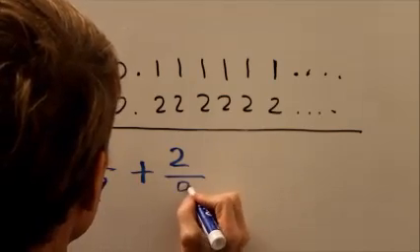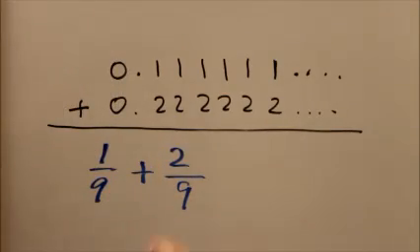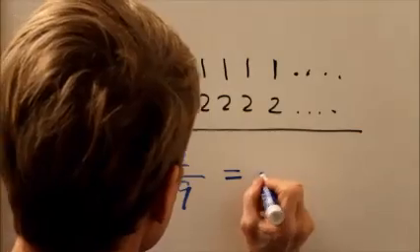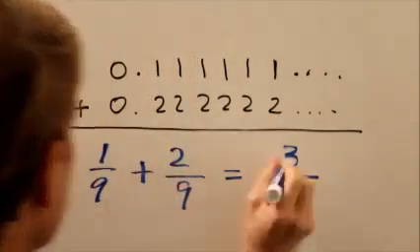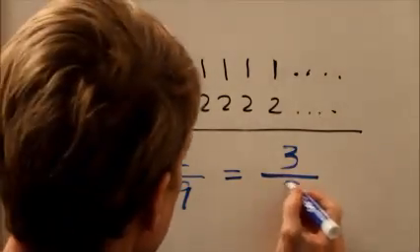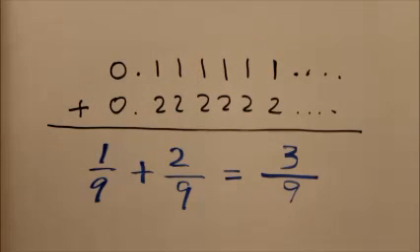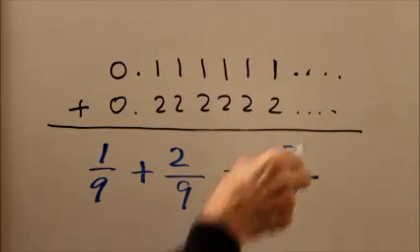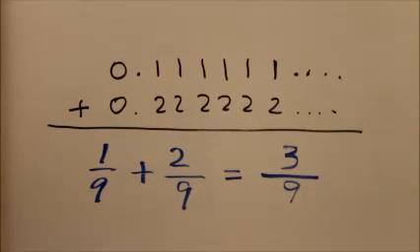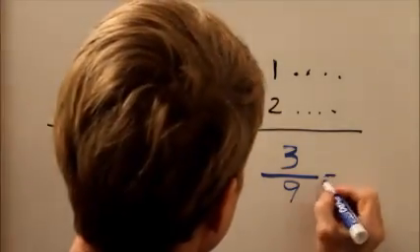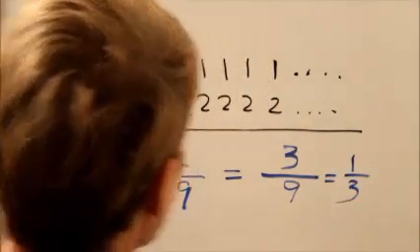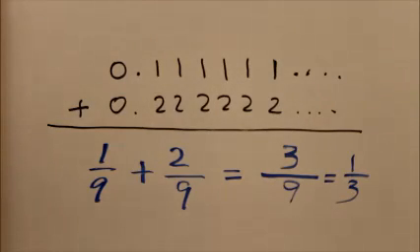When we want to add two fractions that have the same denominator, we add their numerators together, and then we use the same denominator that the other two fractions have. So we get 3/9. Again, that's the same thing that we got before, 1/3. That particular choice is A.